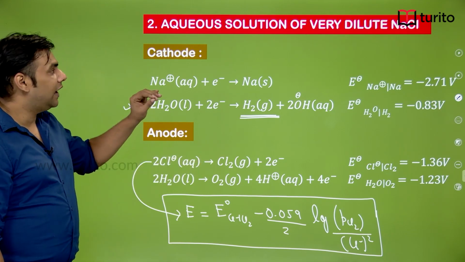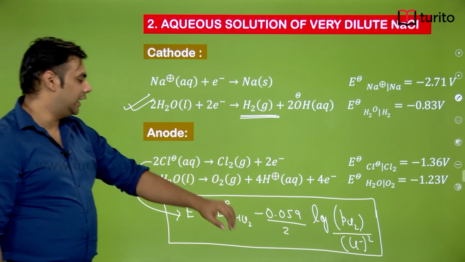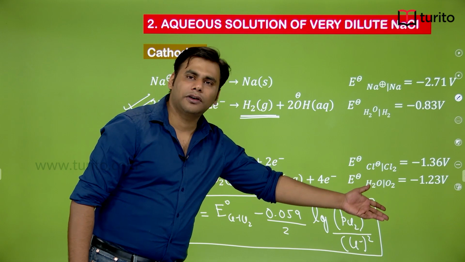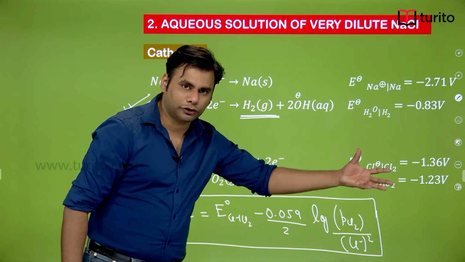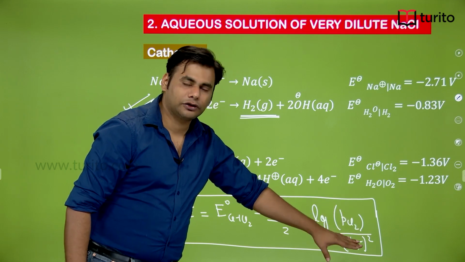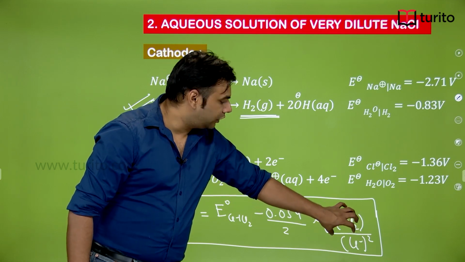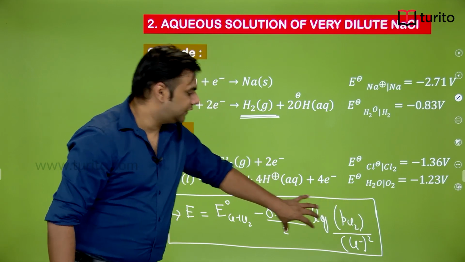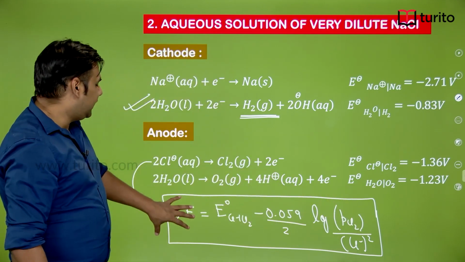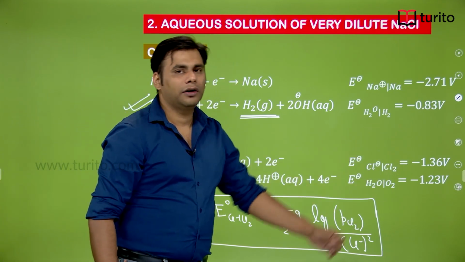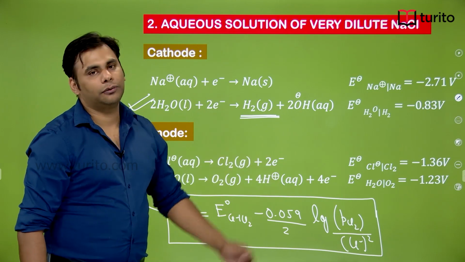Now when we have taken a very dilute solution of Cl negative, we know that this concentration would be very small. We have raised it to the power 2, so that would become even smaller. Now when you take a reciprocal, obviously this will go above and this quantity would increase drastically. So the E of this would come to be much more negative than minus 1.36.